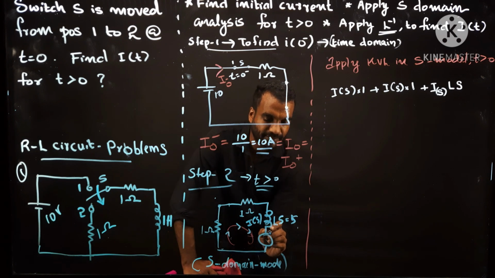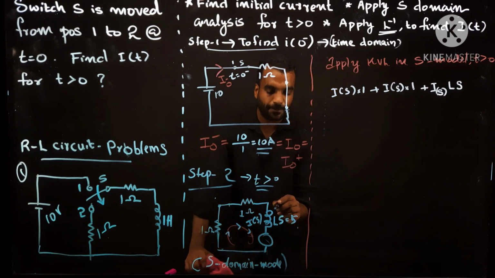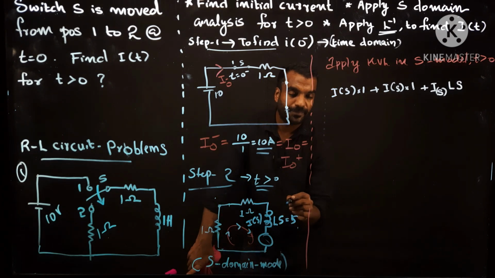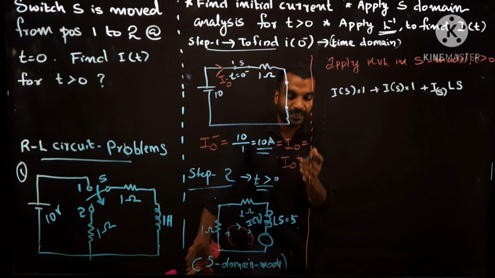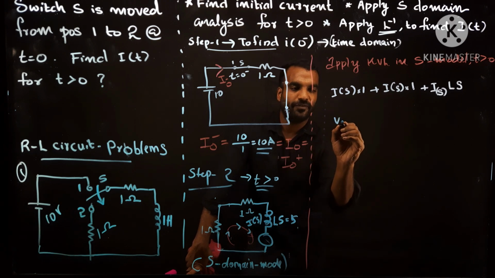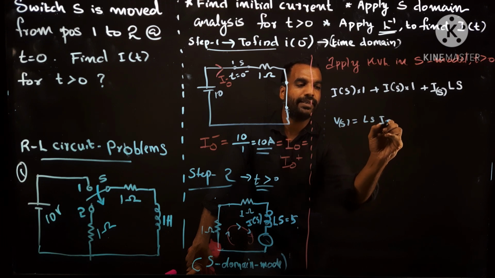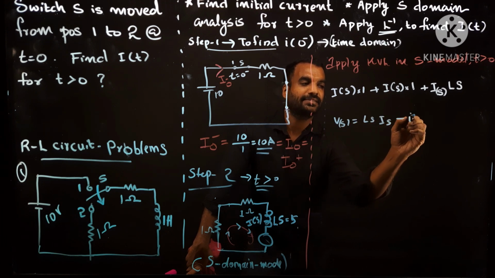Where is the position of polarity? Plus where, negative where? Please think. What was the equation? V of S is equal to Ls Is minus I0L. Is it correct?